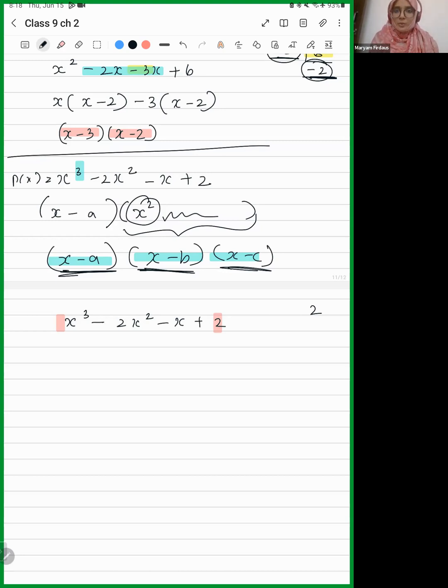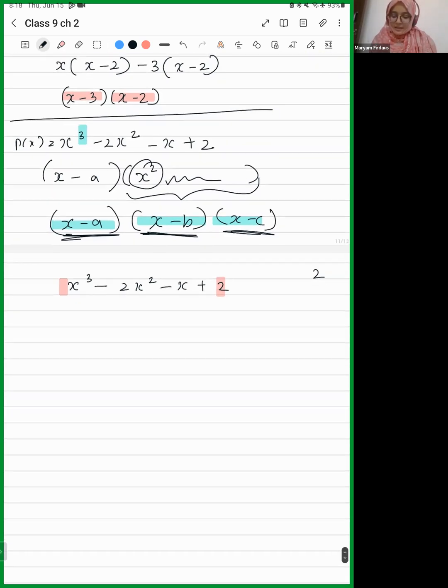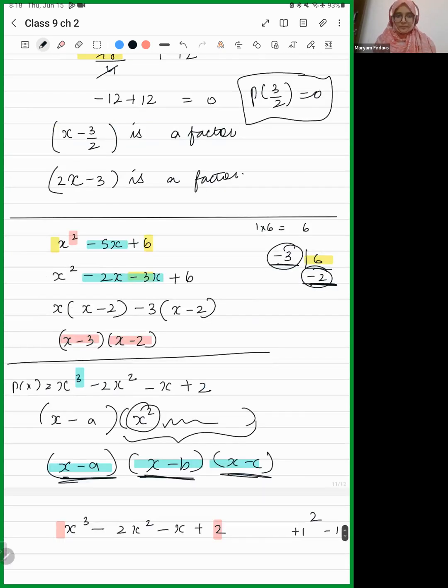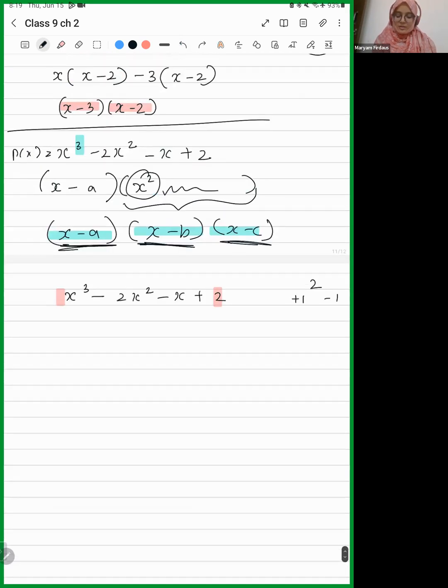What are all the factors of 2? One and two. Yes, plus 1 is also a factor and minus 1 is also a factor of 2. Just like over here we saw that minus 3 and minus 2 are both factors of 6. So the factors of 2 are plus 1, minus 1, plus 2, and minus 2.